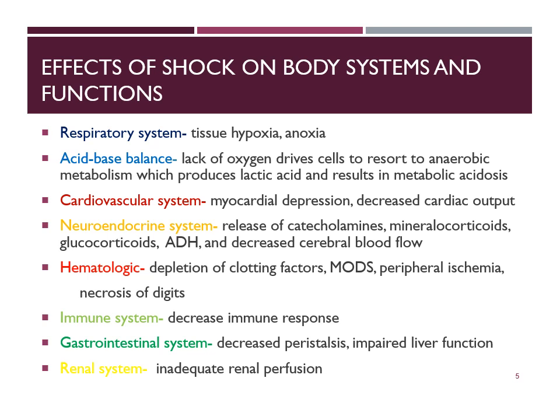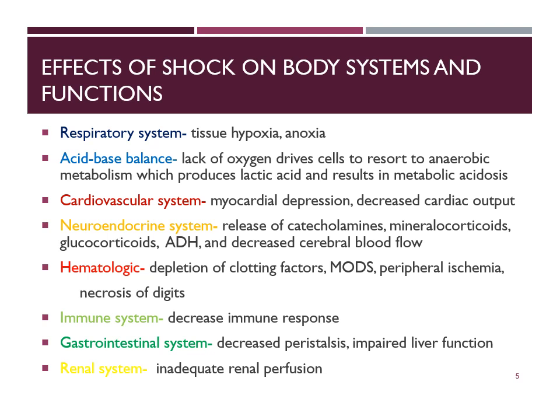Hematologic system, where there's depletion of clotting factors, like MODS, which is multi-organ dysfunction syndrome, peripheral ischemia, and the necrosis of digits. Then the immune system can be affected, where you have a decrease in immune response to something.